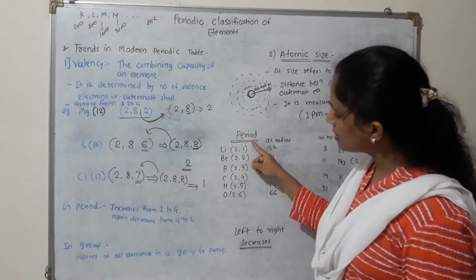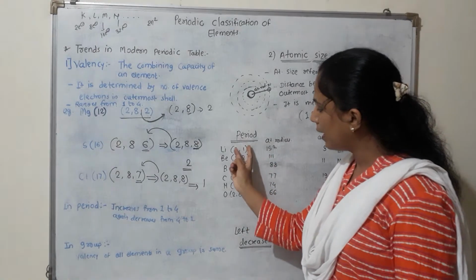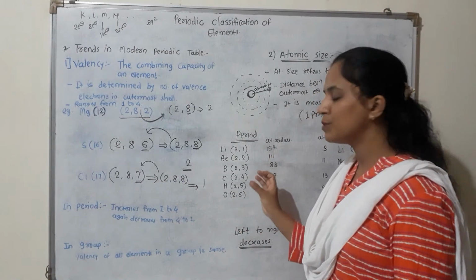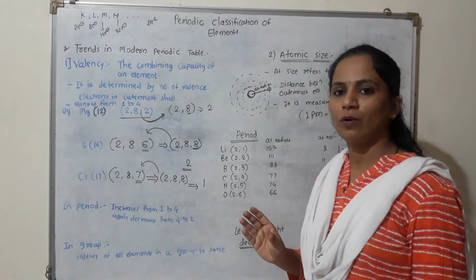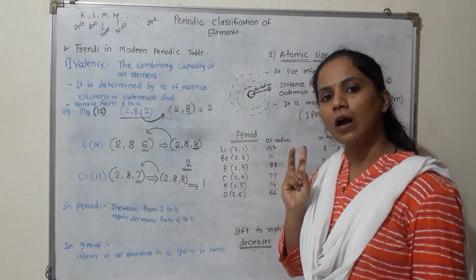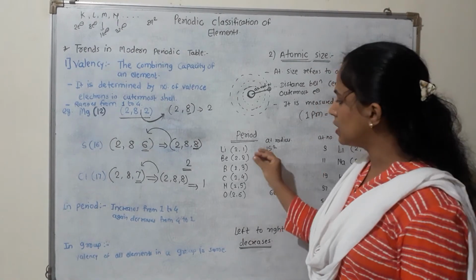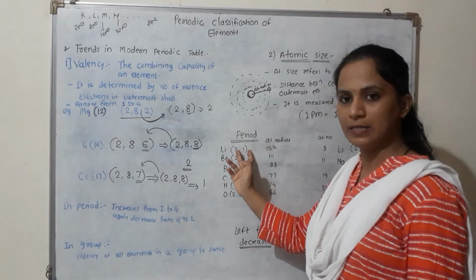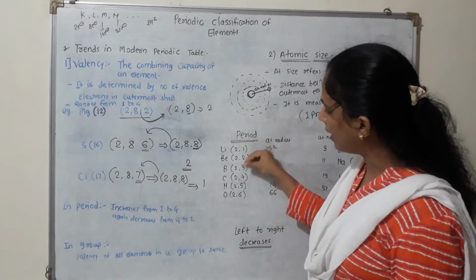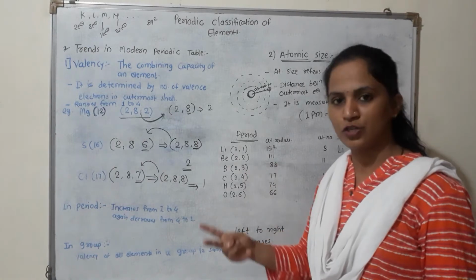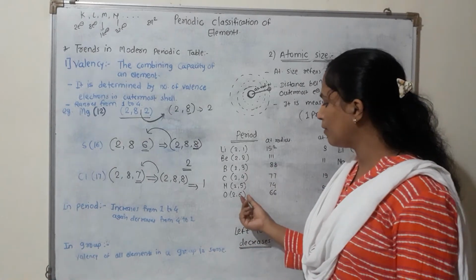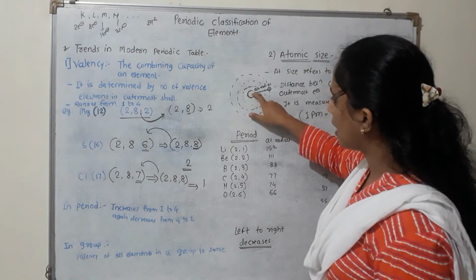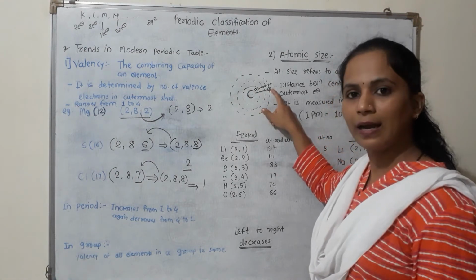Okay. So you can see here, for each and every element, the number of shells required for their electronic configurations is the same, that is 2. Means just the number of electrons is increasing, not the number of shells. Means electrons are added in the same shell, that is the second shell. Here protons are positively charged and electrons are negatively charged.